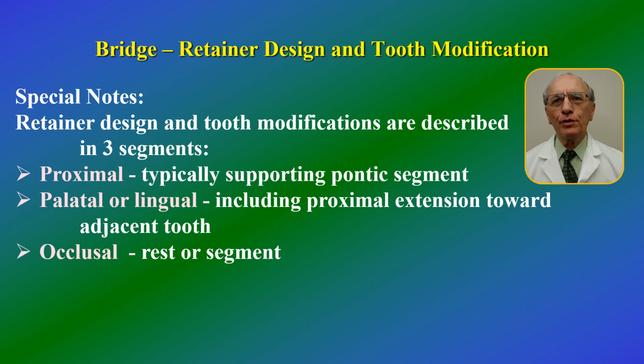Maryland anterior and posterior retainers are usually described in three distinct segments. Proximal, usually referring to the side supporting a pontic or pontics. Palatal or lingual also includes the proximal extension when in contact with an adjacent tooth. Occlusal rest or segment may refer to a small or limited rest, or may restore caries or replace an occlusal restoration.